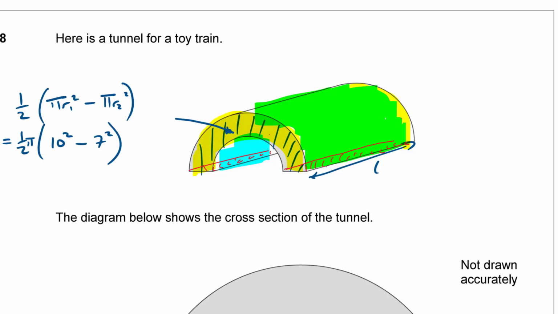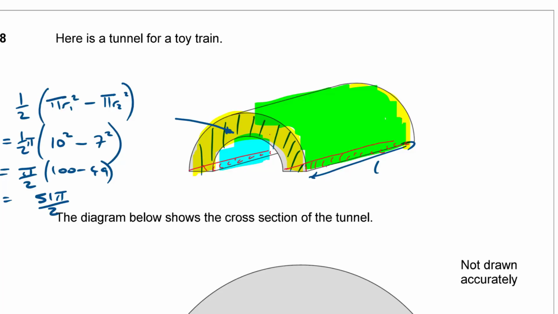So I'm factorizing the pi out. So I've got pi over 2 times 10 squared is 100 minus 7 squared, which is 49. So that's 100 subtract 49, which is 51, isn't it? So it's going to be 51 pi over 2.